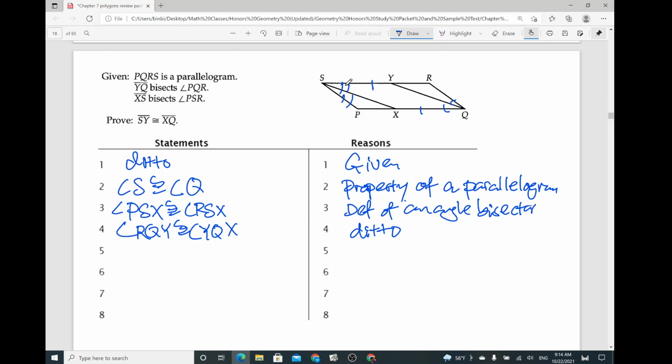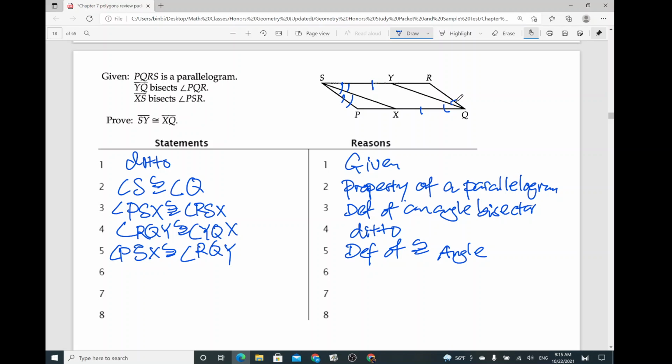Once we show that those two angles are congruent to each other, that means the halves are congruent too. So angle PSX is congruent to angle RQY, by the definition of congruent angle.